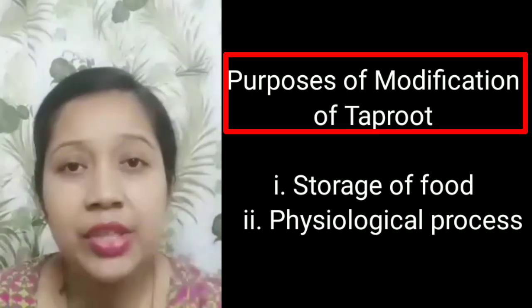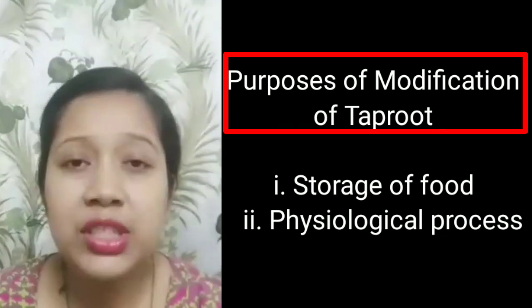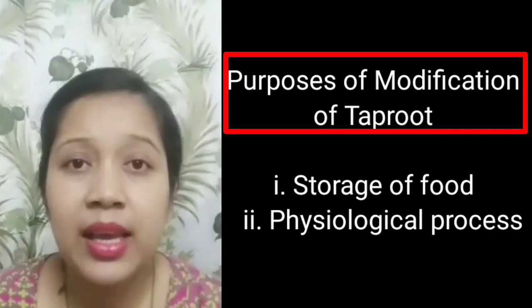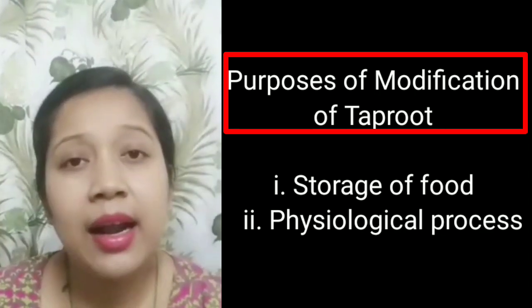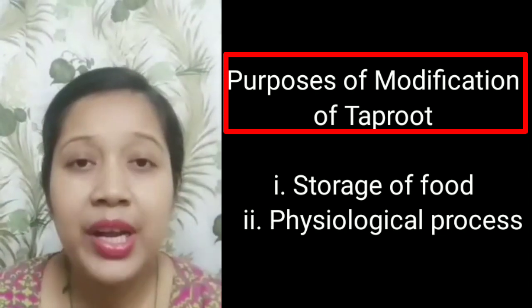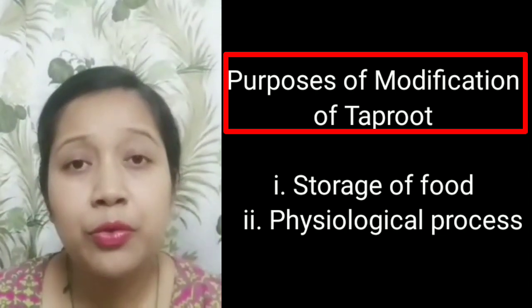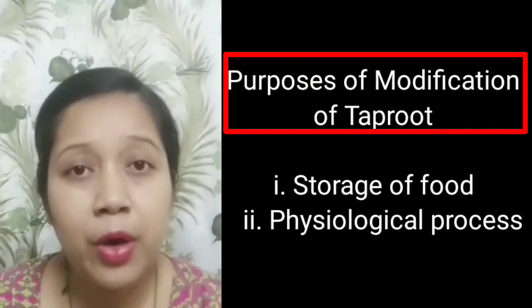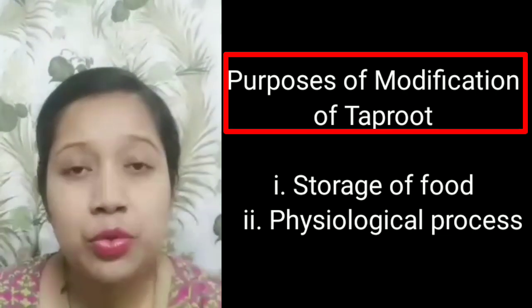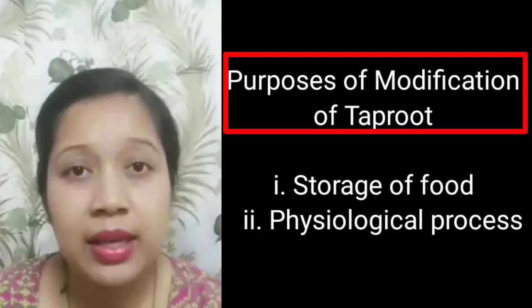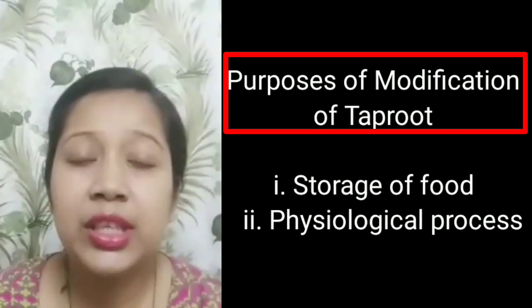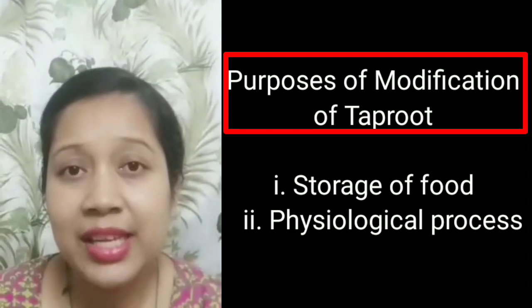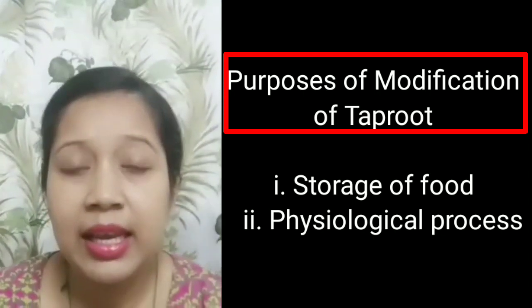Otherwise, modification of taproot also takes place for some physiological reasons. As for example, there are some plants which use their roots for the purpose of respiration. As we perform respiration through our nostrils, similarly the plant body also has stomata for the purpose of respiration, that is the exchange of gases.